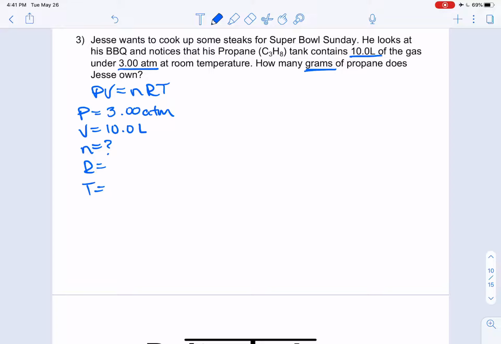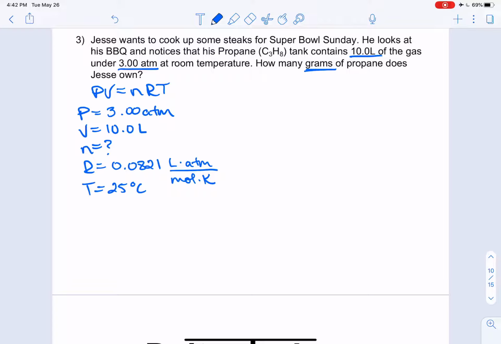Okay, so we are in ATM. So the R we're going to use is the R that goes with ATM, and we have 0.0821, or as the other slide said, 0.082 liters times ATM over mole times Kelvin. And it says it's at room temperature. Now, room temperature is one of those things that we just kind of learn in science, that it's 25 degrees Celsius.